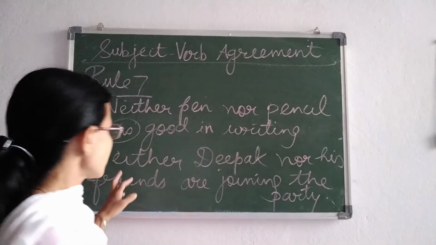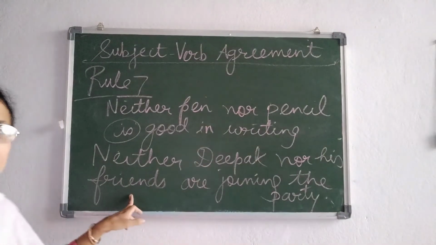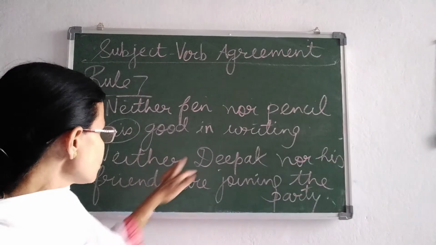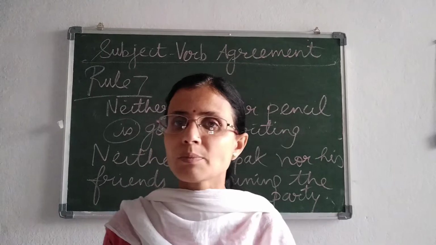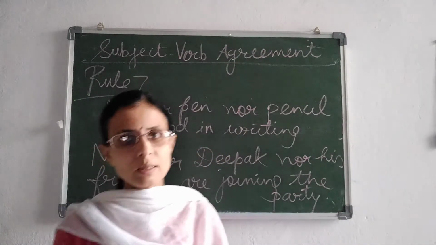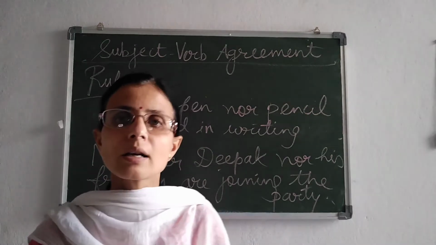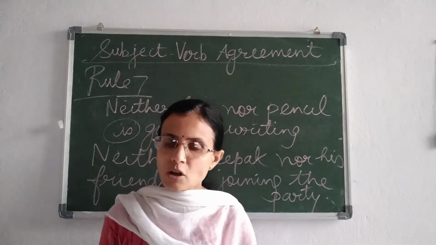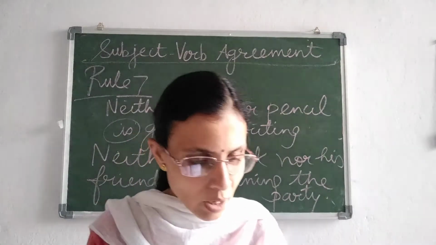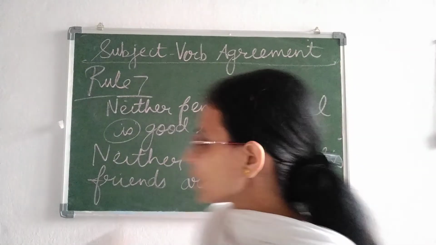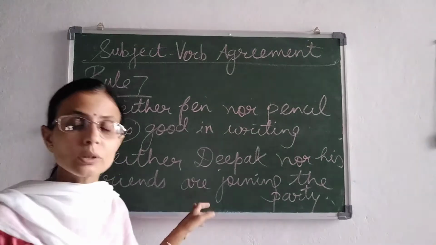Now in the second sentence, one subject is singular. Deepak is singular, friends plural. And these two subjects are joined by neither nor. It means if one subject is singular and one subject is plural and both these subjects are joined by neither nor, then the verb will follow according to the subject which is nearer to the verb.